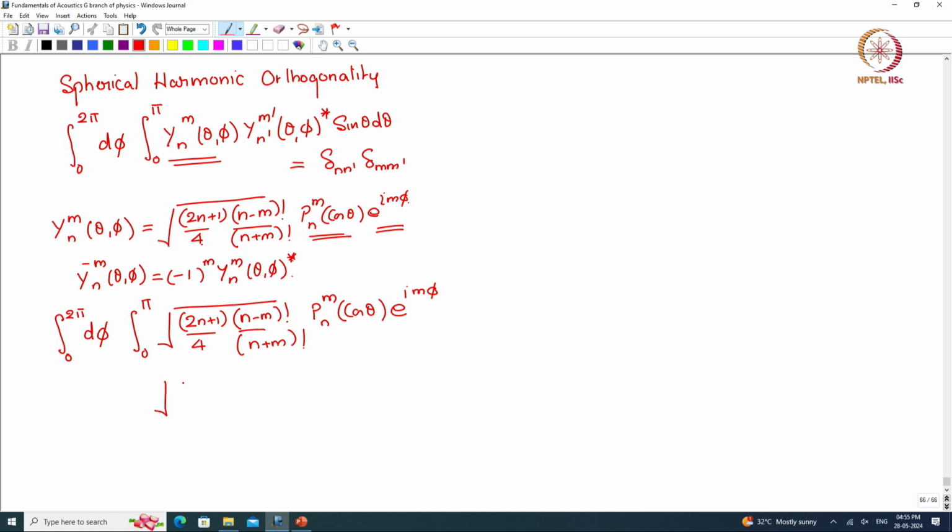It is square root of (2n'+1)/4 pi (n'-m')!/(n'+m')! P_n'^m'(cos theta) e to the power of minus i m' phi, into sin theta d theta.